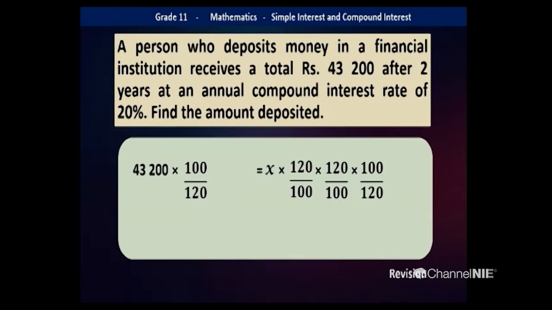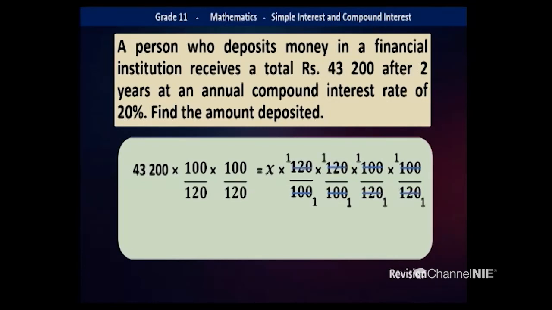There is another 120 upon 100. For that also you take again 100 upon 120. Now look, 100 and 100 get cancelled. Again 100 and 100 get cancelled. Then 120 divided by 100, 120 divided by 100.